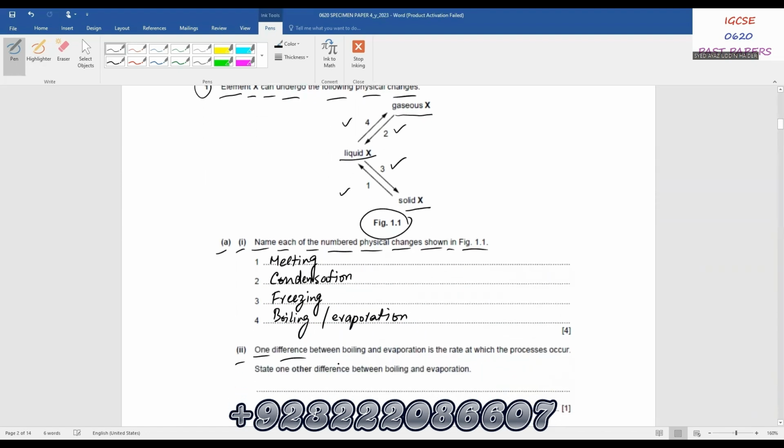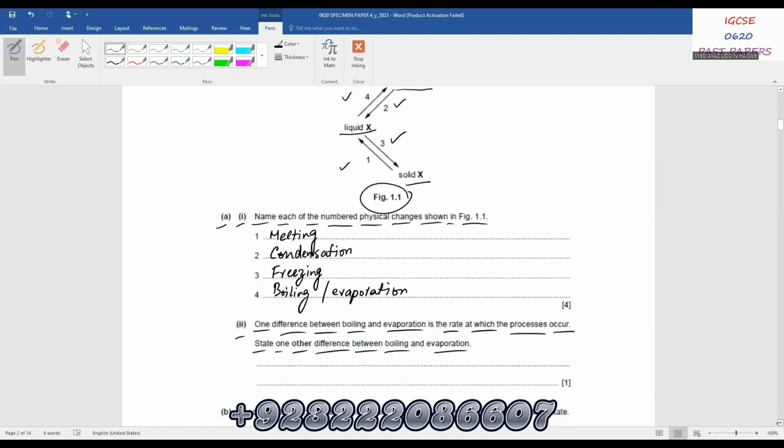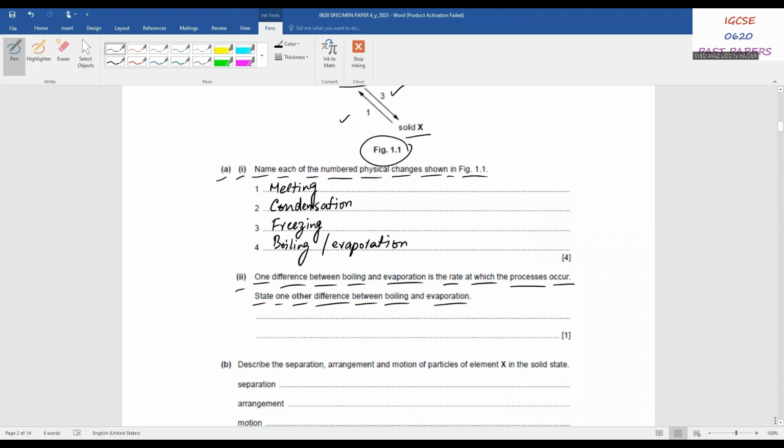Number 2, one difference between boiling and evaporation is the rate at which the processes occur. State one other difference between boiling and evaporation. Remember, evaporation is a natural process. So it happens over a range of temperatures.